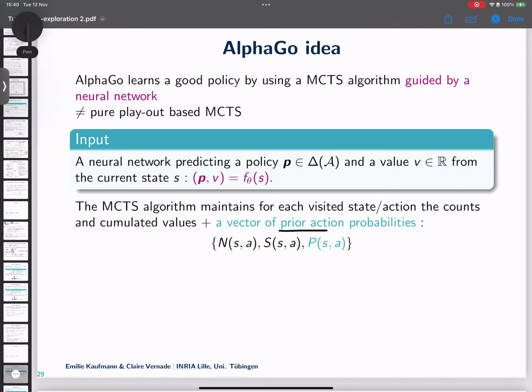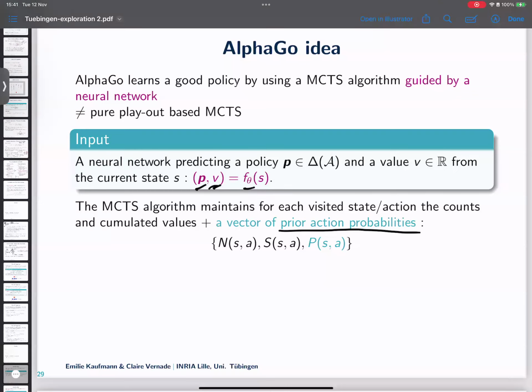The neural network is parameterized by some theta, the parameters of the network. In a certain state, it already tells you the prior probabilities over the actions and a potential value for this state. So before you've even tried a state, you already have a good hunch. You have this hunch because you've played a lot of games before where you visited other states that were similar, and you can learn this representation.